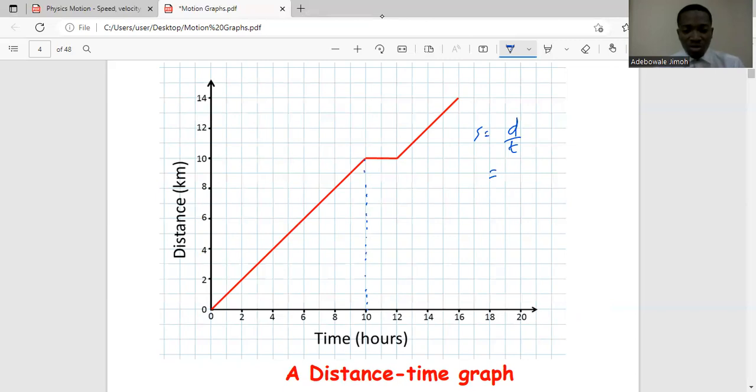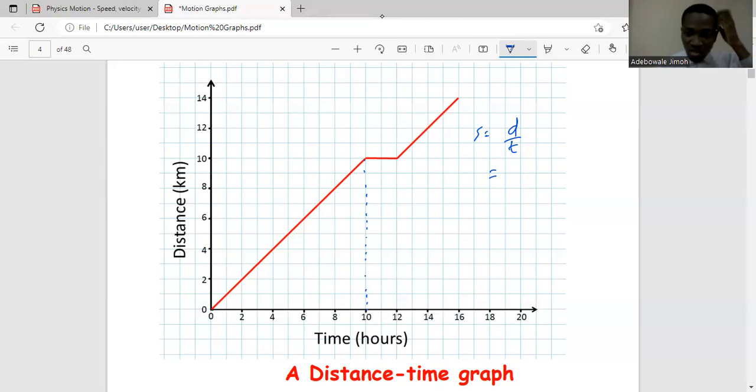What's the distance covered after 10 hours? We trace from 10 hours up to the slope, and then trace across to the distance covered. So after 10 hours, this object has covered a distance of 10 kilometers.